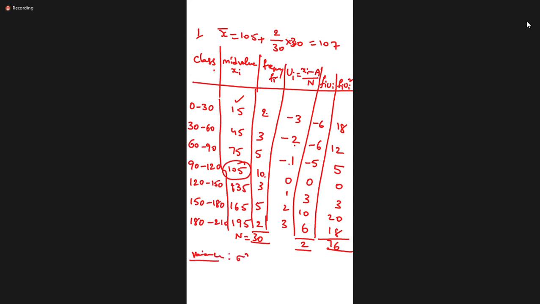Variance is denoted with sigma square. So sigma square is equal to h square by n square into n into sigma fi ui square minus sigma fi ui whole square.